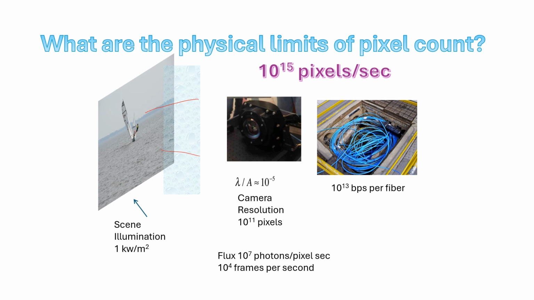And so if we were going to have 10 to the 12th pixels per second, a terapixel per second, we would have kilowatts of power. If we go to our 10 to the 15th pixels per second, we have a megawatt of power coming out of a single camera. So the limitation in the number of pixels we can record is not optics.